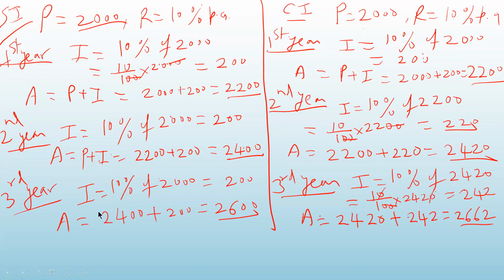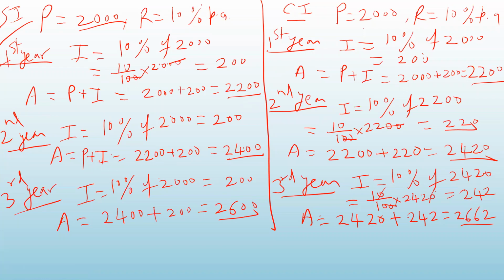If the number of years is more, and I have taken a small amount, only 2000, but if it is 1 lakh, 5 lakhs, or 10 lakhs, then in the long run you accumulate a large amount if the interest is calculated using the compound interest formula. So this was the explanation of the difference between simple interest and compound interest.